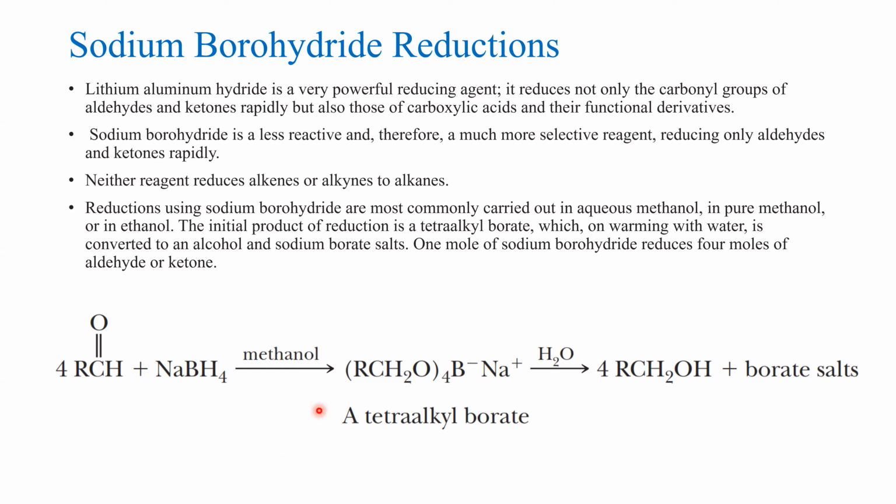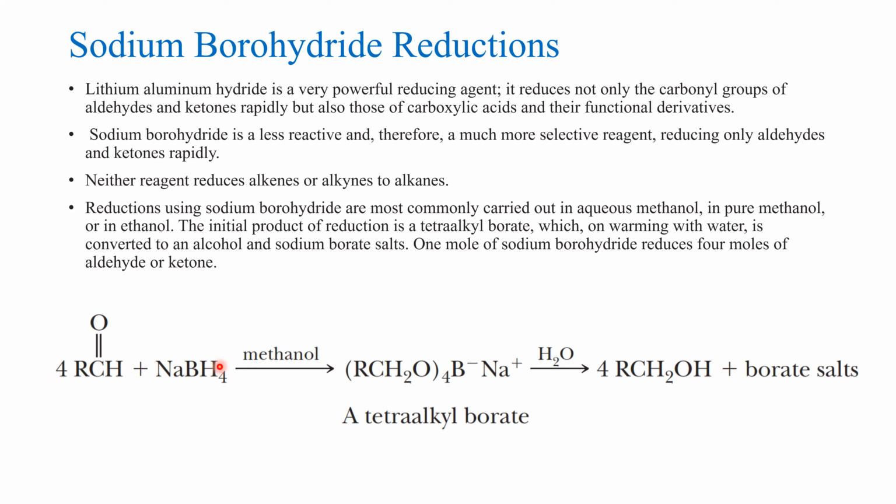So we are only discussing the one alcohol formation, and you should expect that 1 mole of sodium borohydride, as from the equation you can see there is no numeral. If there is no numeral, it means this is only 1 mole which is used in this reaction. Now there is a 4 as a numeral for this aldehyde.